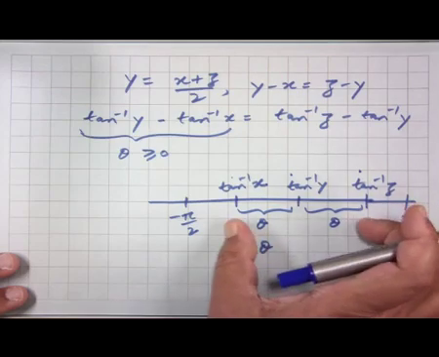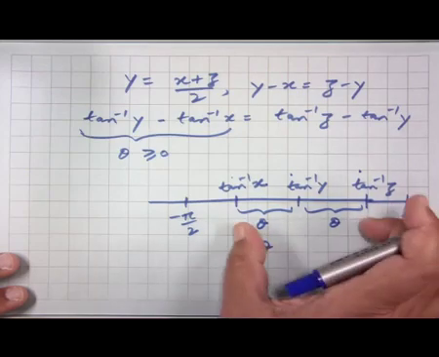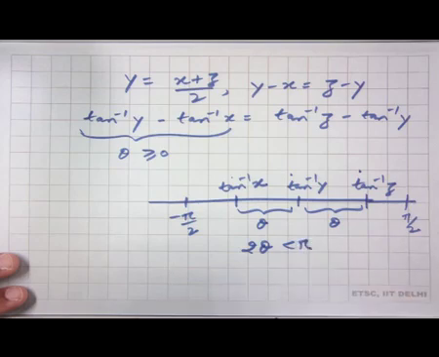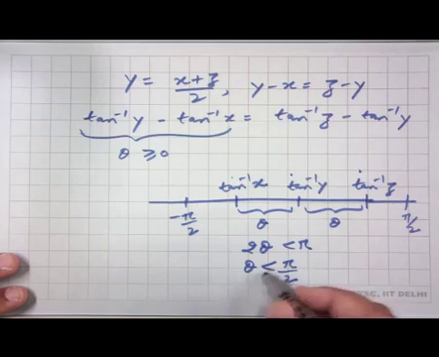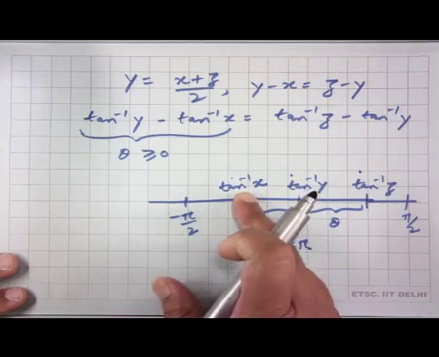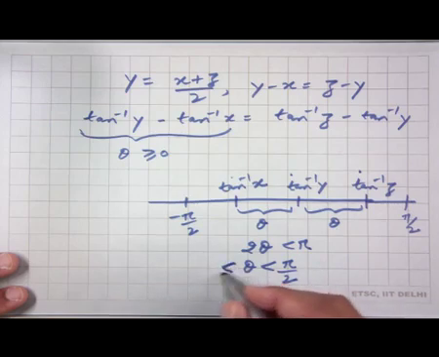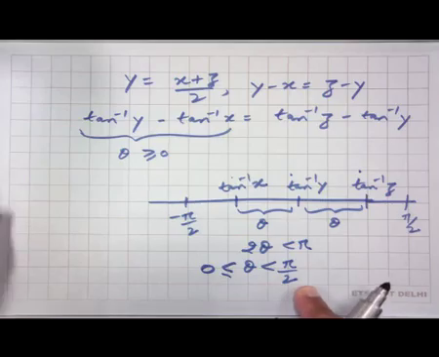It is clear that this 2 theta should be less than the length of this entire interval, which is pi, and therefore theta should be less than pi by 2. We have strict less than here because the tan inverse function has an open interval. So essentially we have theta greater than or equal to 0 and less than pi by 2.